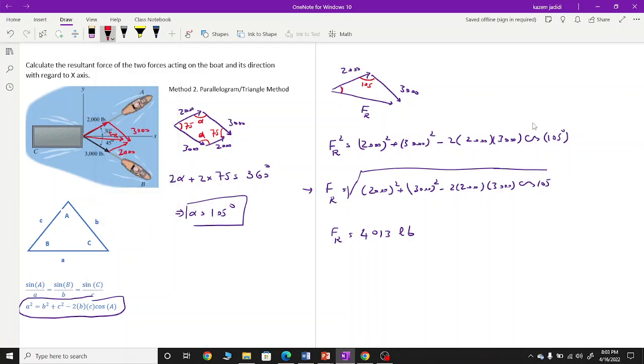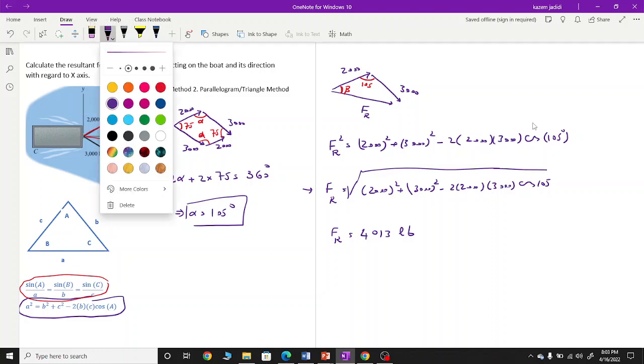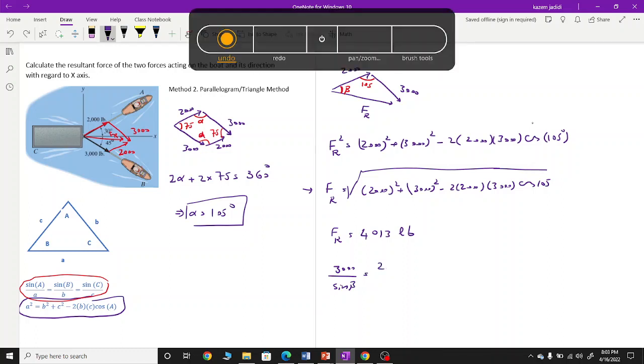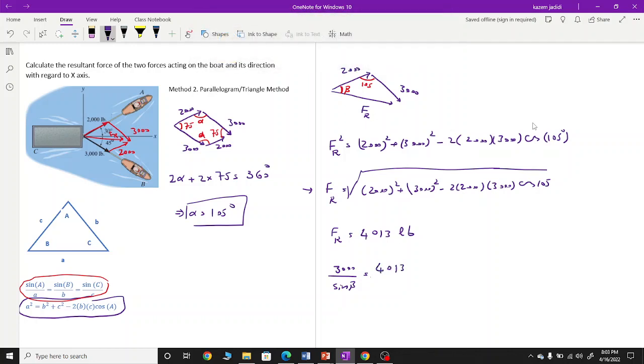Now I'm looking for this angle also. Let's call this beta. I can use the second set of equations to find beta because it's a triangle, and we can use the sine law. So 3000 over sine beta is equal to FR over sine of its opposite angle, and we know FR that we calculated already, and the angle opposite of FR is 105. That one also we calculated.